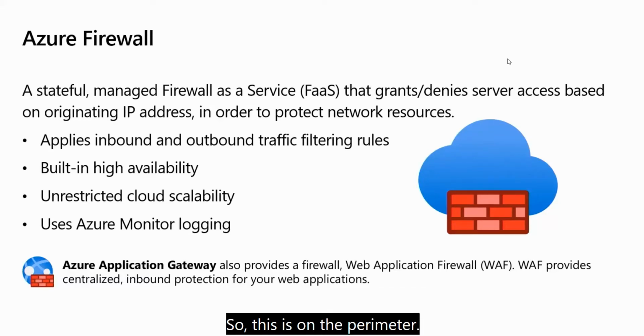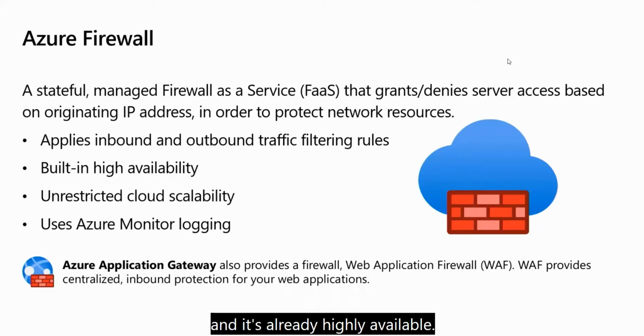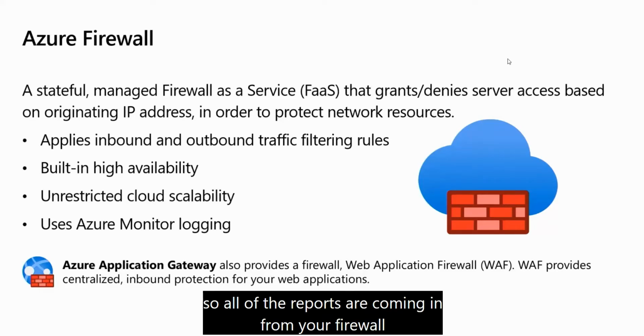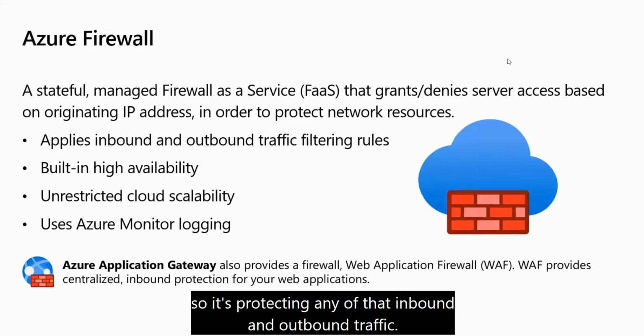You only need to worry about one because you have unlimited cloud scalability and it's already highly available. It's connected to Azure Monitor, so all of the reports coming in from your firewall go straight into Azure Monitor. But again, this is perimeter, so it's protecting any of that inbound, outbound traffic.